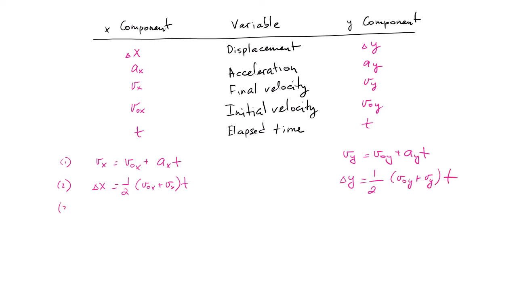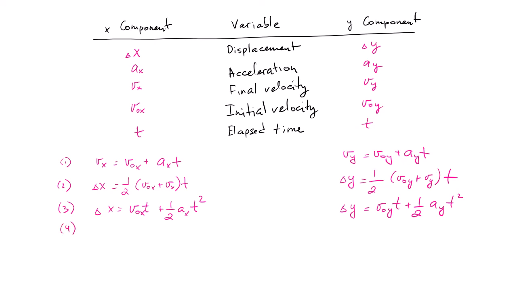v_y) t. For the third equation, we will have delta x equals v naught x t plus 1/2 a_x t squared. And for the y component, we will have delta y equals v naught y t plus 1/2 a_y t squared.